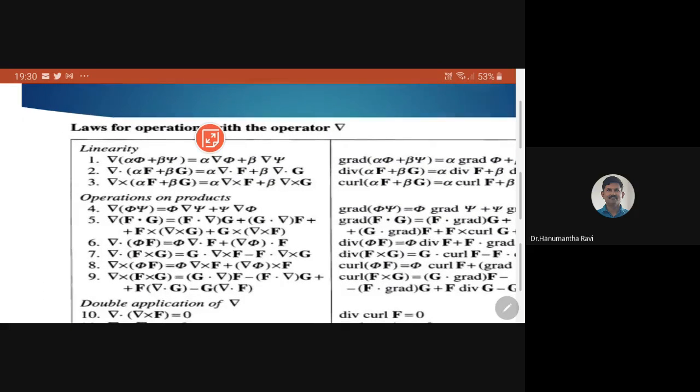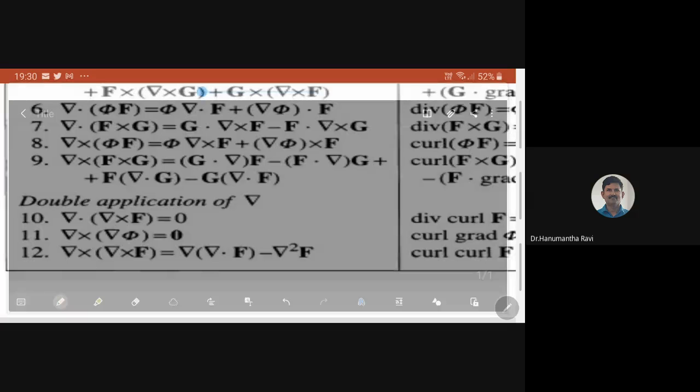So these points 7 and 8 are important. These are a few important laws. Among them, the double application laws are important. That is, divergence of curl f bar is 0. There is a high possibility that they will ask these in multiple choice questions.